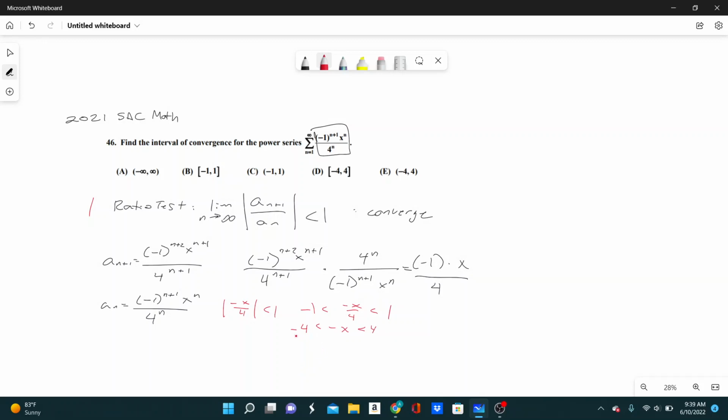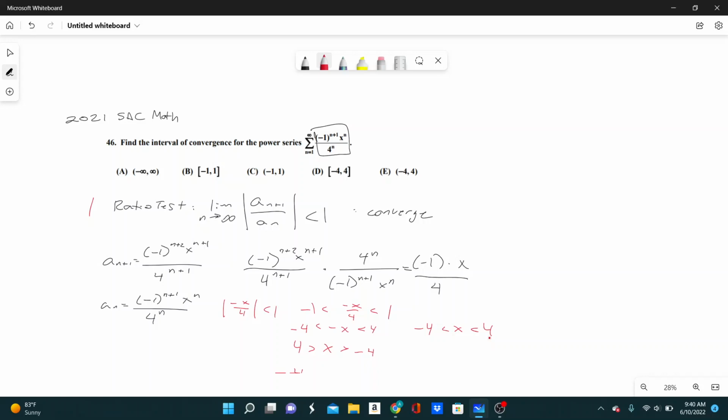Divide everything by negative 1. So we're going to have 4 is greater than x is greater than negative 4. So I'm going to rewrite this with less than signs. So we're going to have negative 4 is less than x is less than 4. So we know it's going to converge on this interval.